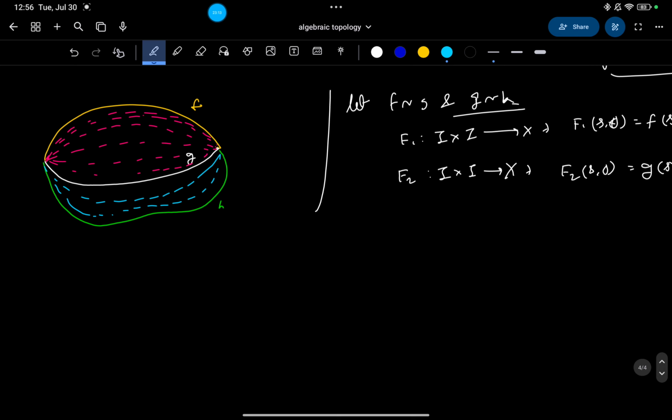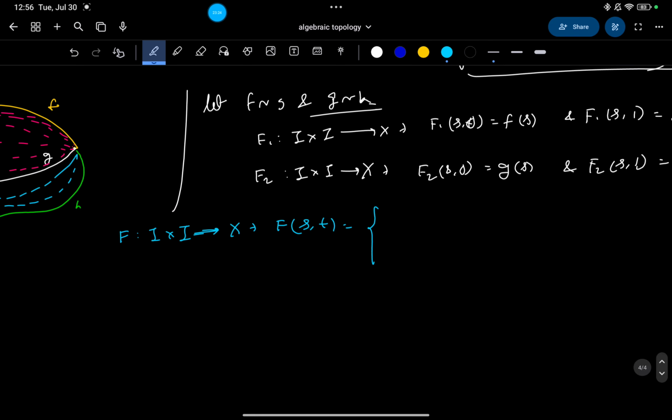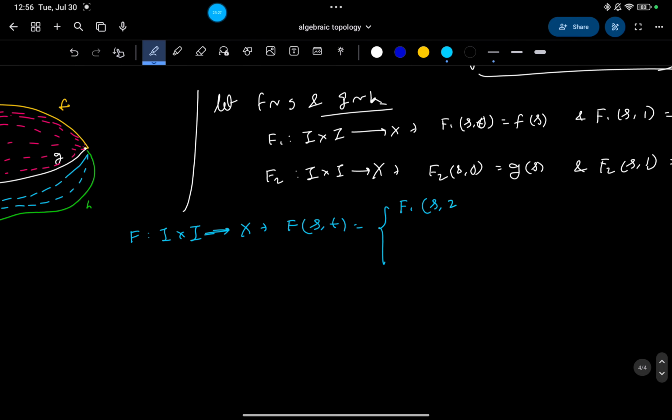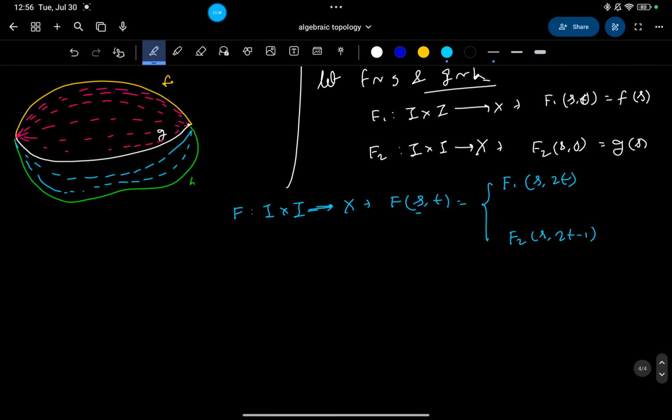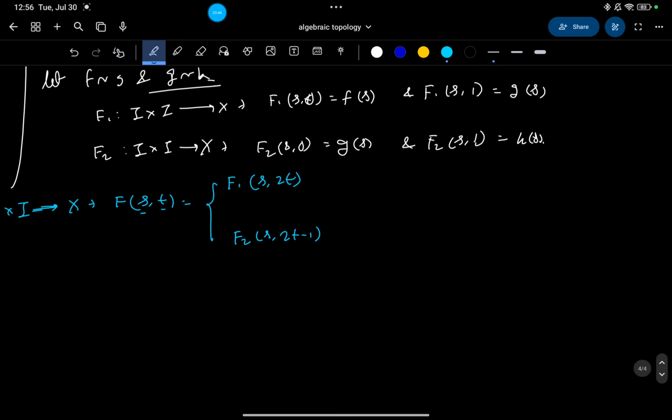So the joining map is the following: F from I cross I to X such that F of s comma t is F1 of s comma 2t, and F2 of s comma 2t minus 1. Note that the first variable s represents the position along the path, and t represents the time at which it is traversing. So here t belongs to 0 to half, and here t belongs to half to 1.